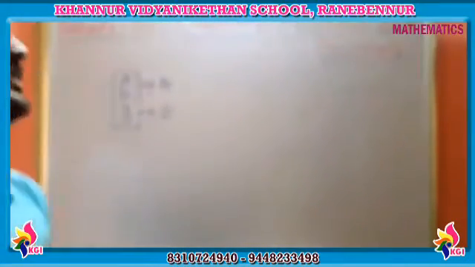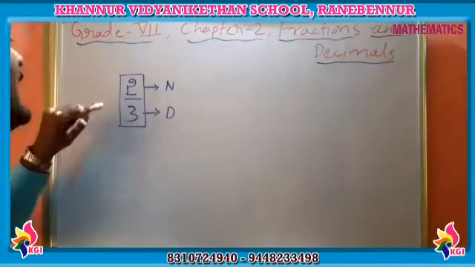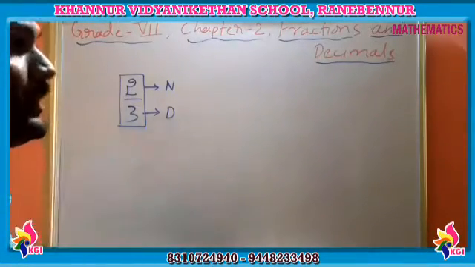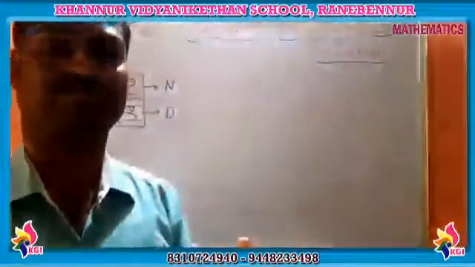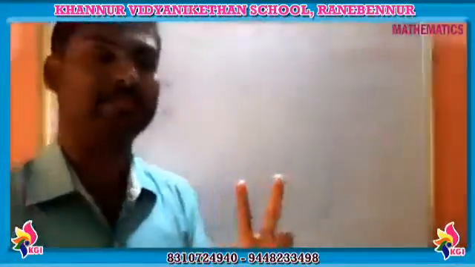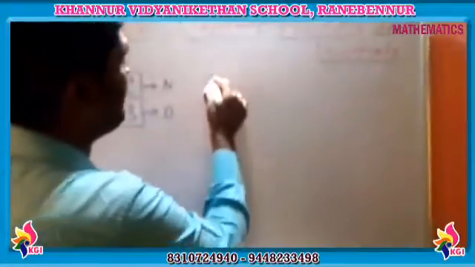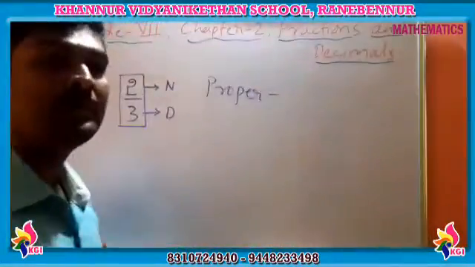Okay children. Now, depending upon the numbers in the numerator and the denominator, we categorize fractions into two types. The first is the proper fraction. So what does proper fraction mean?